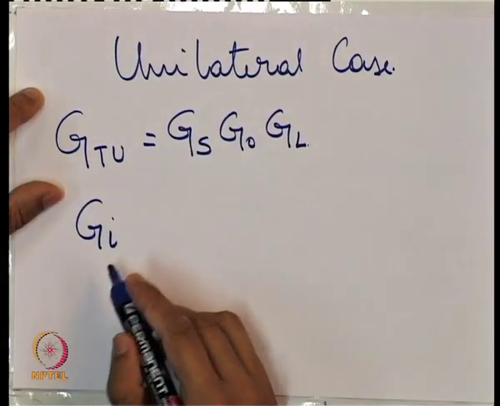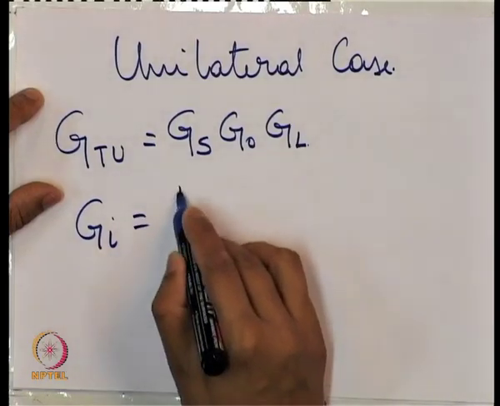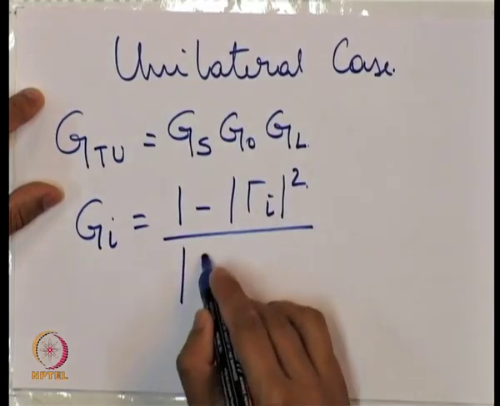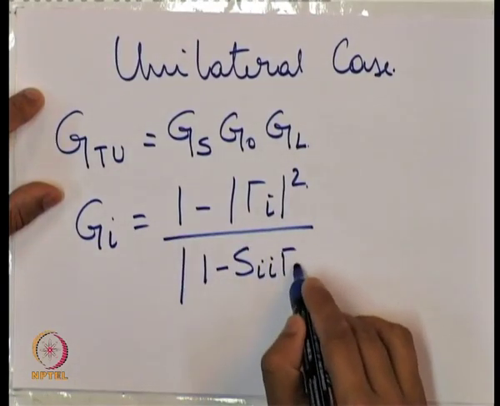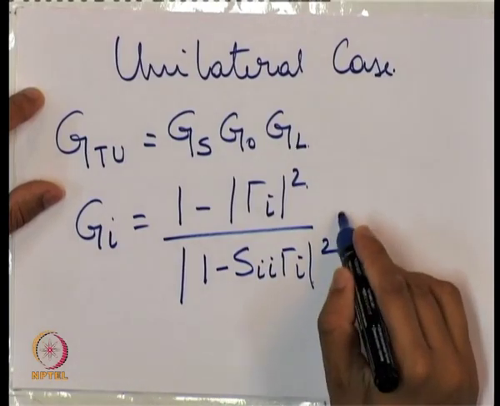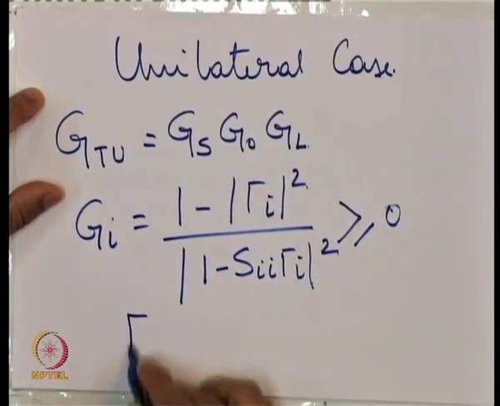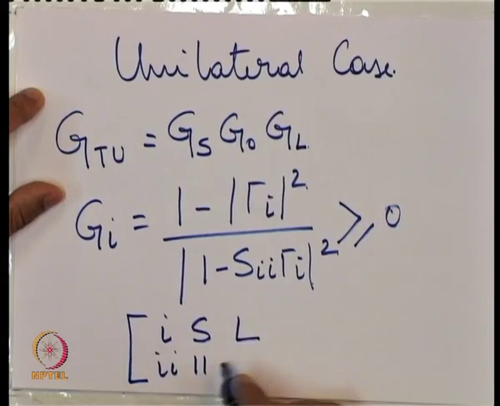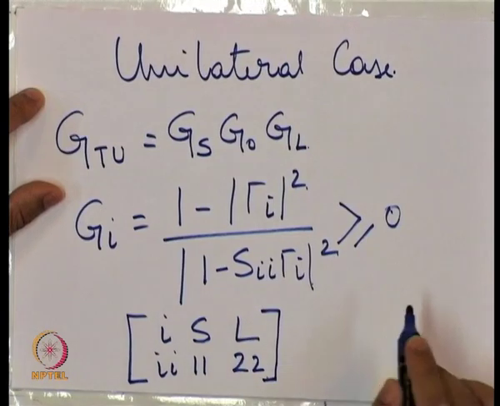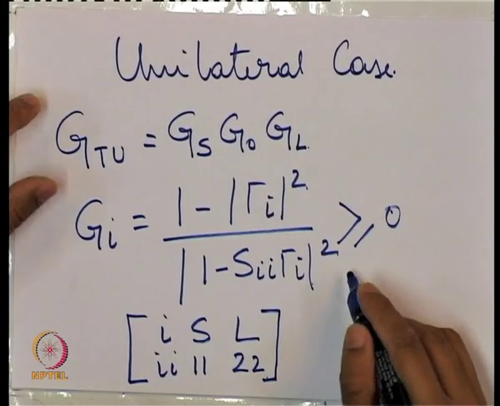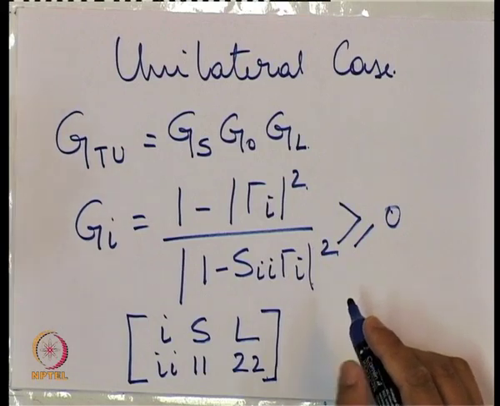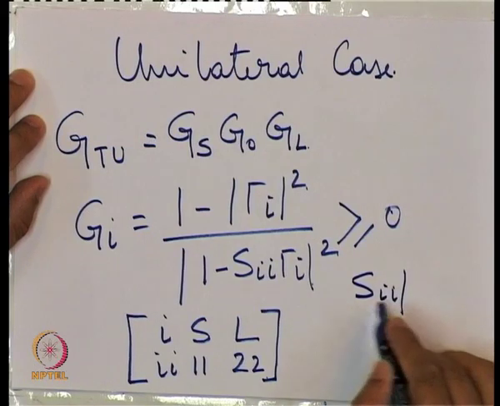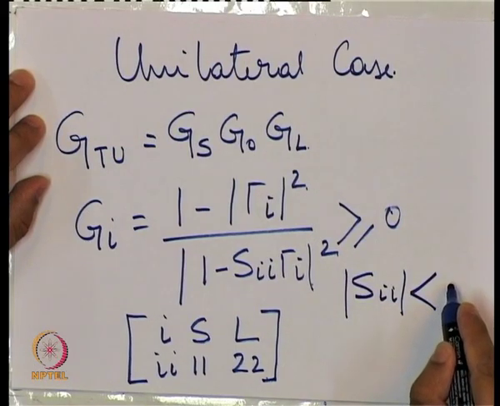Now this GS or GL I can write by the general term like this. Now for an unconditionally stable case, we have seen that the modulus of Sii should be lesser than 1.